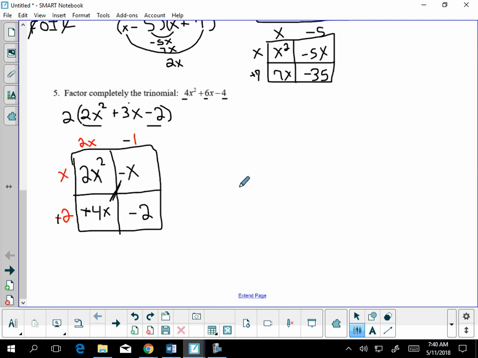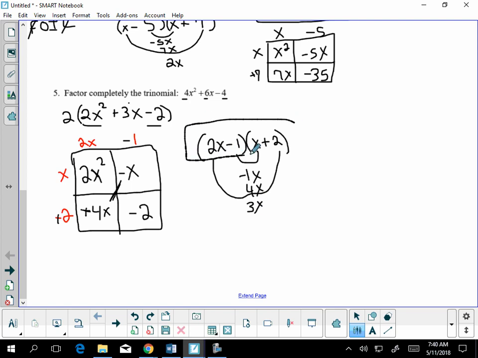That matches up. So 2x minus 1, x plus 2. And if I wanted to check that real quick, that's going to give me negative 1x and 4x. Add them together and you get 3x. So right there is my factored answer.